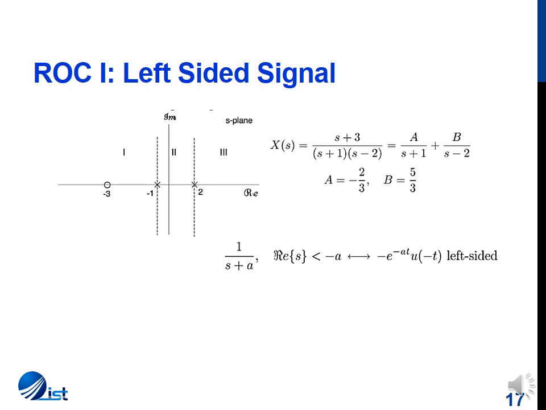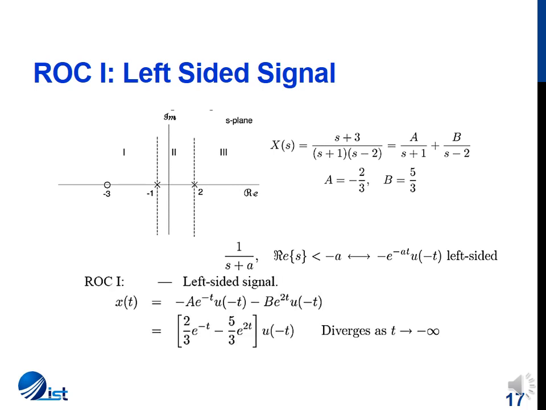So applying the inverse transformation, we'll get minus e to the power minus t u of minus t for the first expression, which is 1 by s plus 1, and minus e to the power minus 2t u of minus t for the second expression by comparison. And therefore we can say that this is our overall function. But we'll see that this function will diverge as t approaches minus infinity.